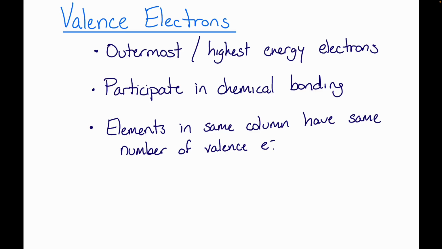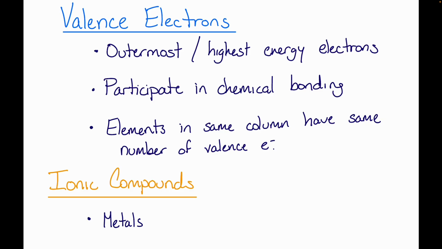So it turns out that our metals, specifically in ionic compounds, are going to lose all their valence electrons when they become ions.